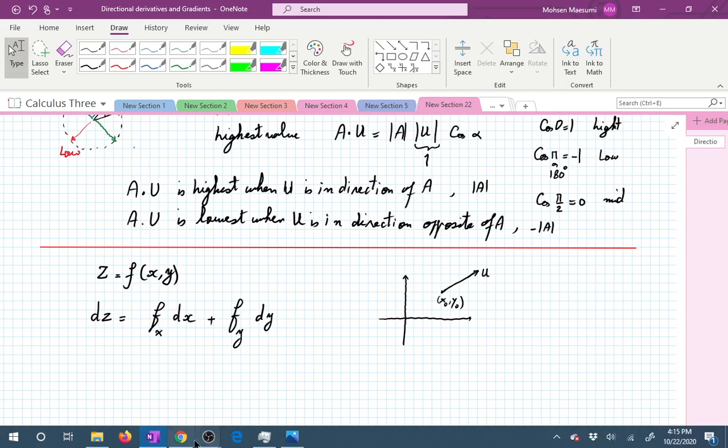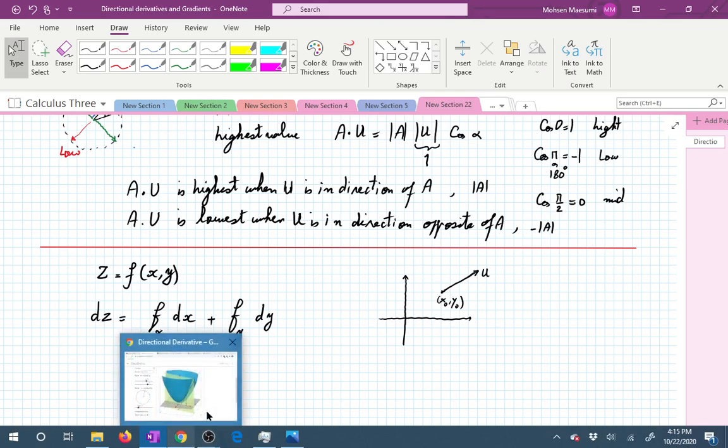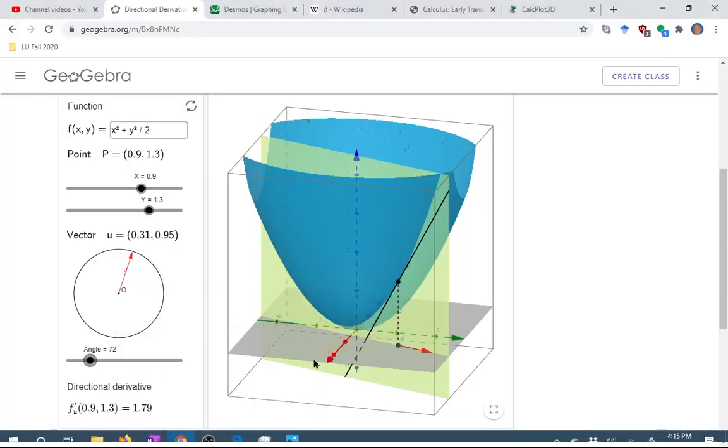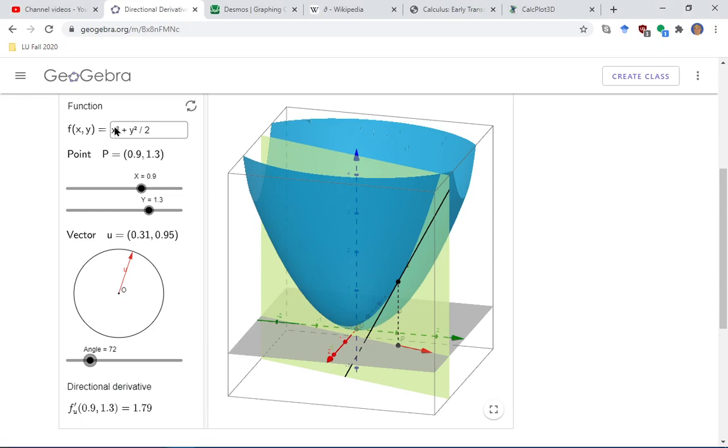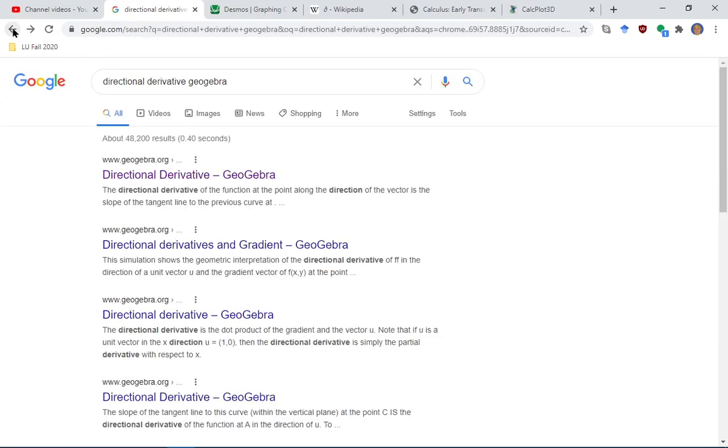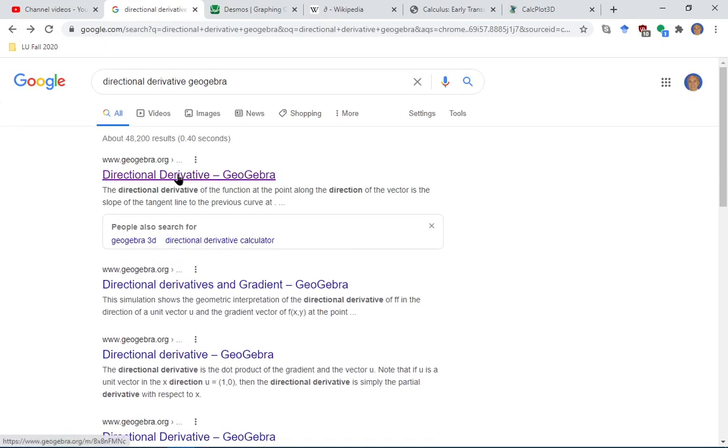Let's take a look at this picture one more time and see if it helps us. We said we have z as a function of x and y. That's this blue surface here. We choose a certain location, this location (x, y), which you can play with.